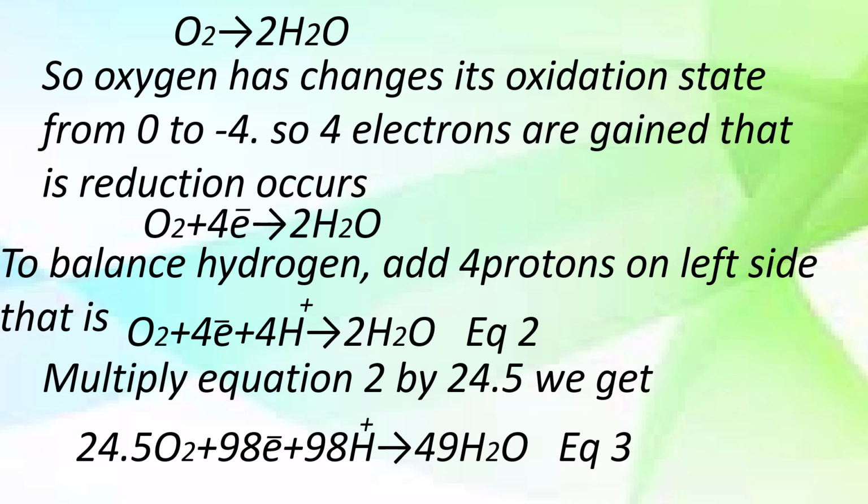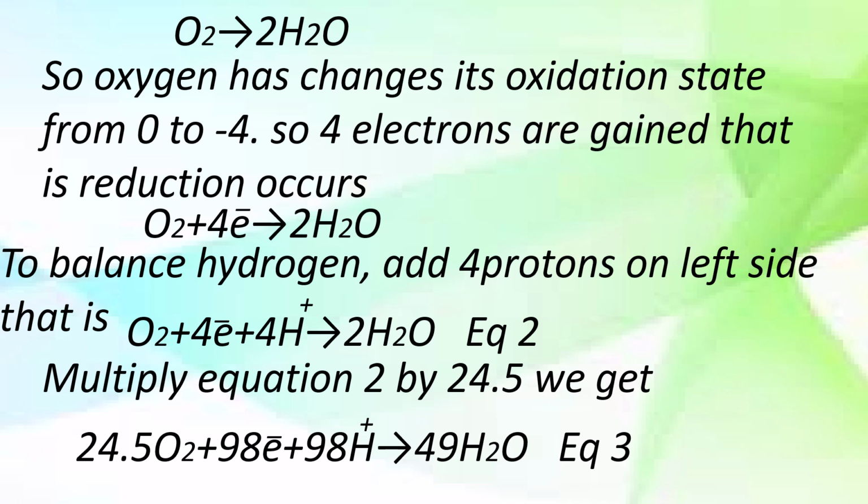Because in equation number 1, we have 98 electrons, and in equation 2, we have 4 electrons, we will multiply equation 2 by 24.5. Why 24.5? When we multiply 4 with 24.5, it becomes 98.